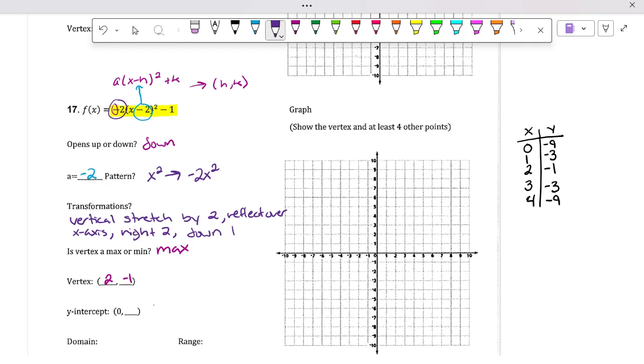Now, what this means is if I plot my vertex, you always start by going 1 out from the vertex. So 1 in x on either side from the vertex.